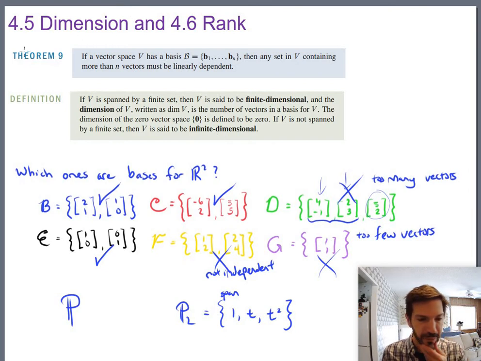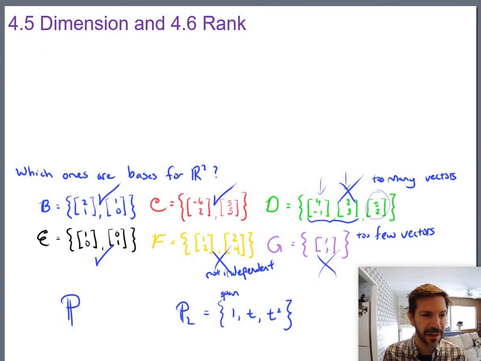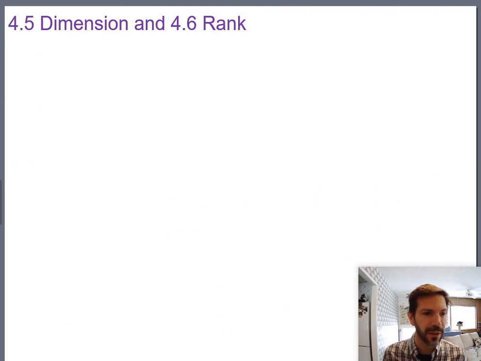Okay, but I just wanted to point out that one of the reasons we care about dimension is it tells us something about where we can go and what we can get to. So consider R3, and let's look at some subspaces of R3.